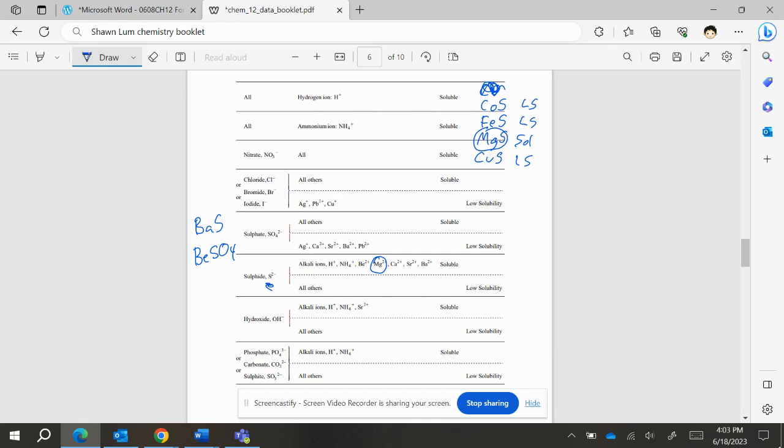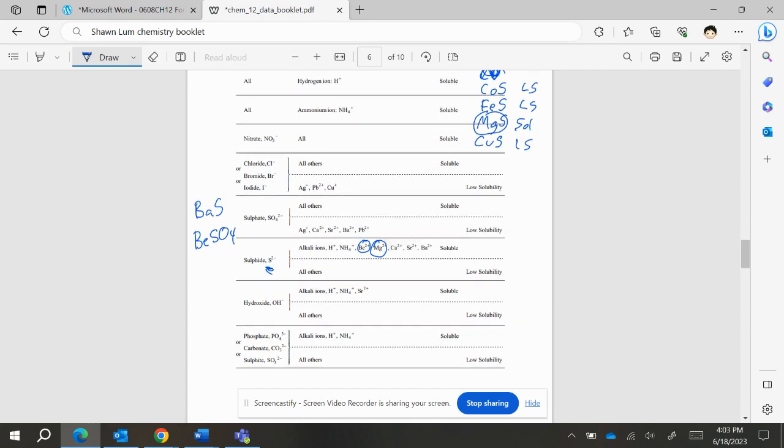Barium sulfide. Let's take a look at beryllium sulfide. Beryllium sulfide is soluble, so that's not going to be it. And let's look at barium sulfate. There it is, barium sulfate. That's low soluble. So barium and sulfate are going to be low soluble, and that means they're going to form our precipitate.